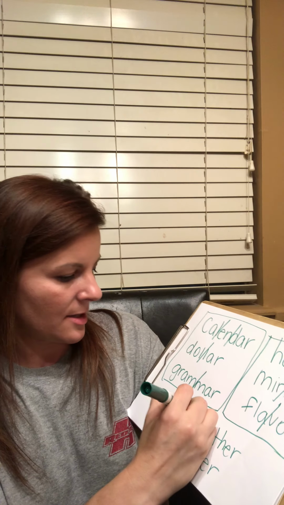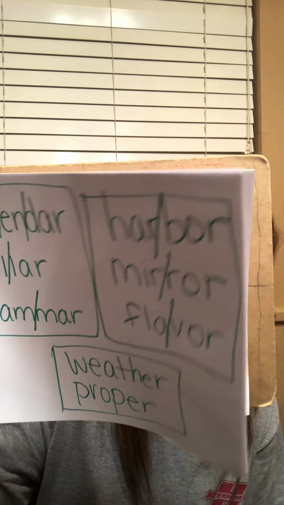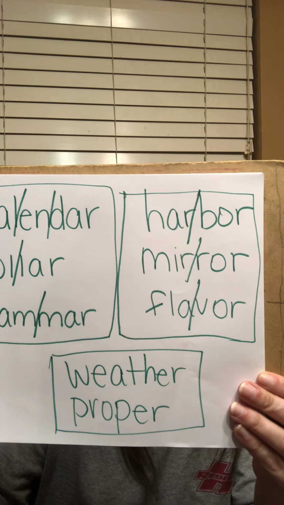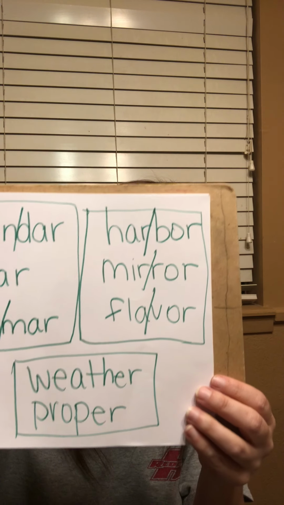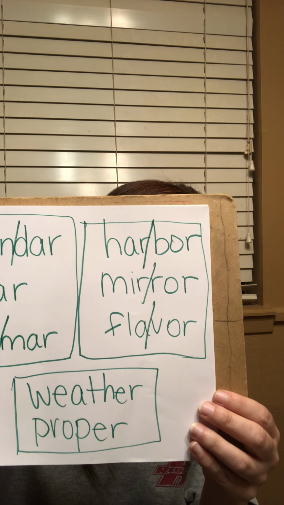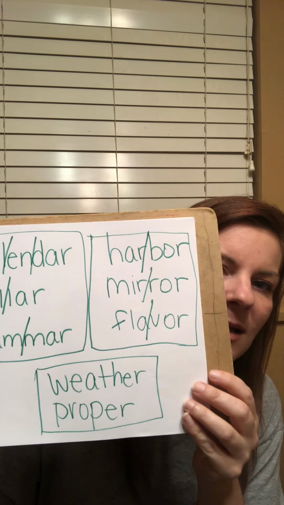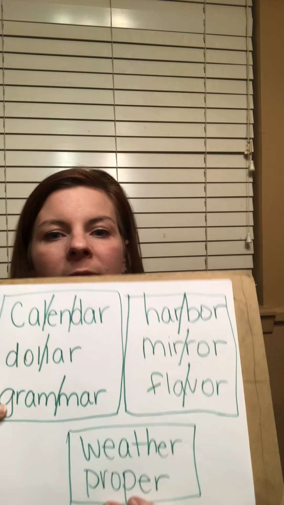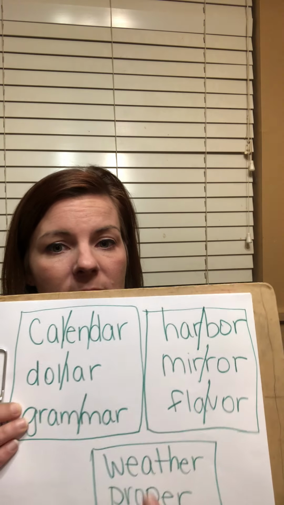Okay? And then these last two words I have right here are weather and proper. Okay? And those two they end with an ER. But do you notice that in weather, we have a vowel team there, don't we? We have the EA. But it's different because usually EA makes a long E sound, but it's actually making a short sound in this word.